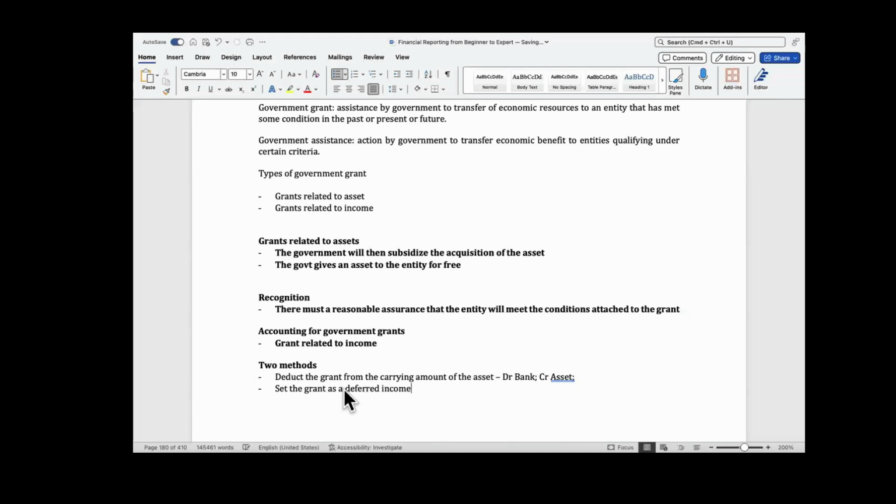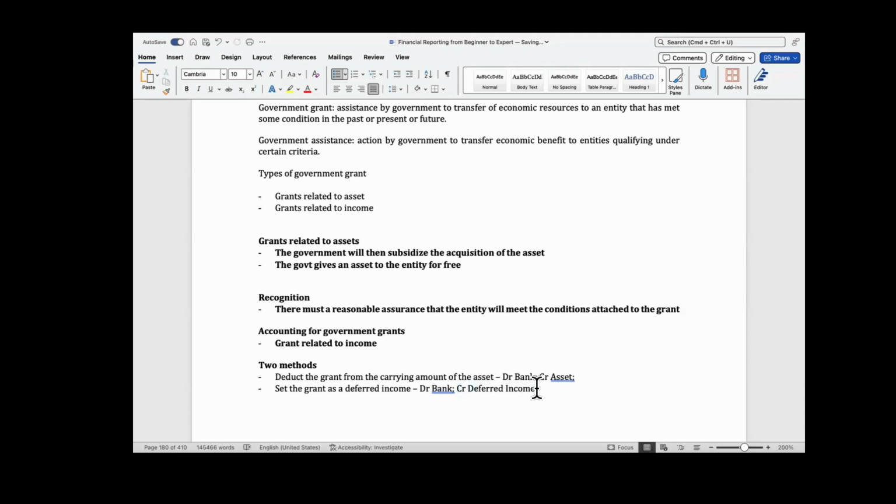Setting it as a deferred income means that by the time the government gives you the money, you debit bank and credit deferred income. Meaning that these grants are not recognized as income in your books yet, because the condition is that you buy an asset and use the asset.